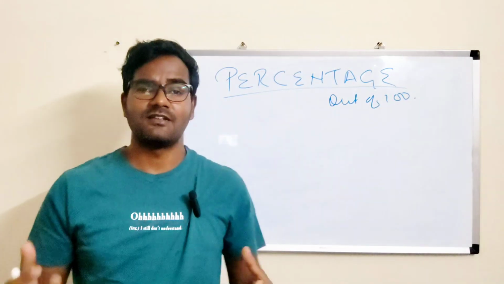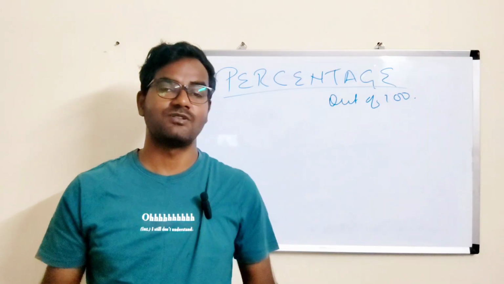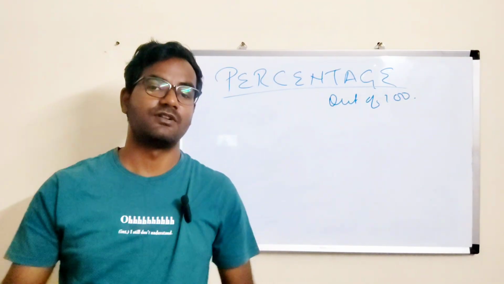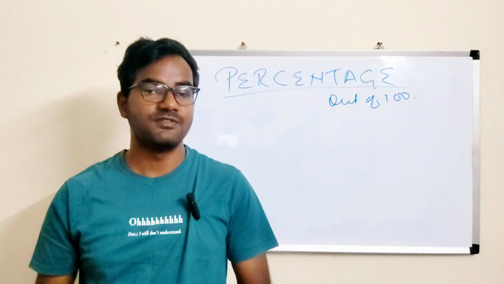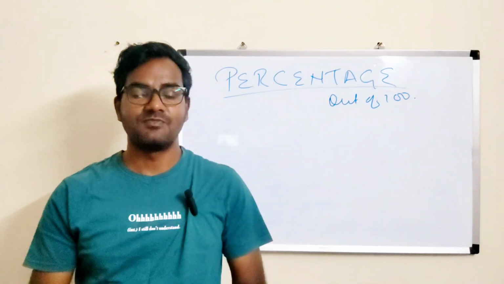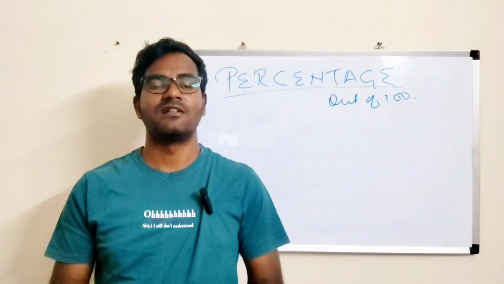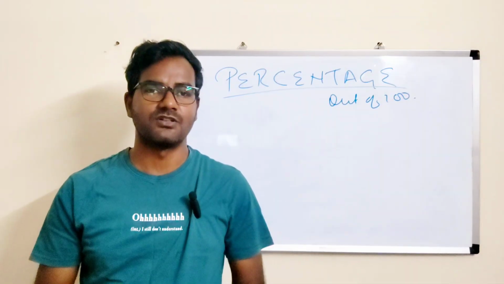Also, recently you have seen that the SSLC result was out and students have done very well, right? There you have seen somebody scored 95%, somebody scored 98%, somebody scored 80%, 40%, 60%, right? So all those percentages we have seen. Now these percentages help us get the overall idea about an event or a situation, right?